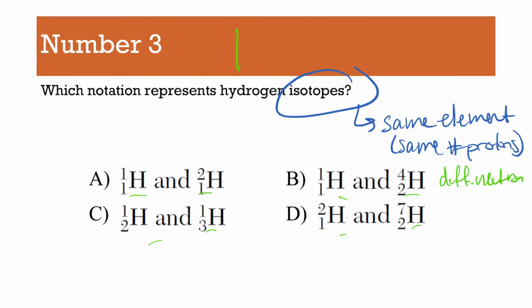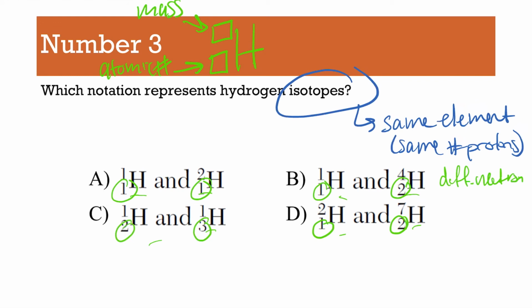Now, in any example, the bottom number, that is your atomic number, and the top number, that is your mass. So if we're looking for an isotope, you have to have the same bottom number. Remember, if you change that bottom number, you change the element.